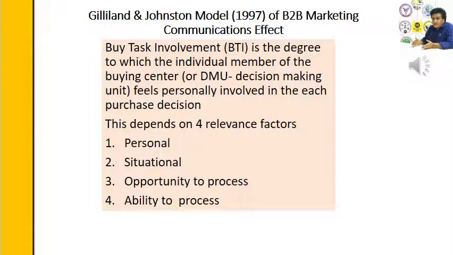He would certainly give more attention to your marketing communication message, and if you have packaged that message very well, it will deliver results for you. So these are the four relevance factors, and a person's involvement will depend upon these factors: personal factors, situational factors, opportunity to process, and ability to process of the member in the decision making unit or the buying center.